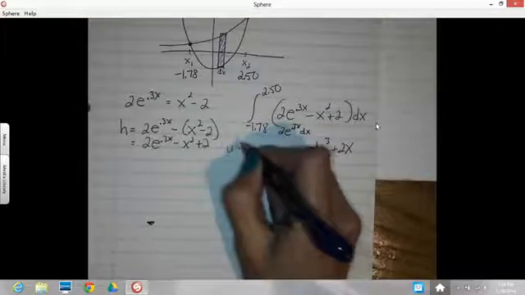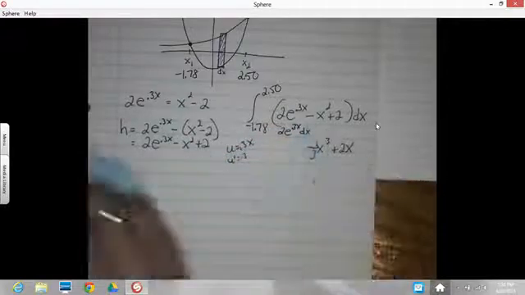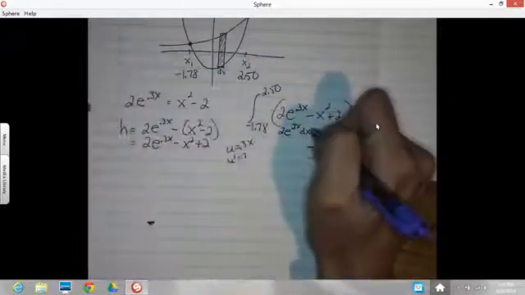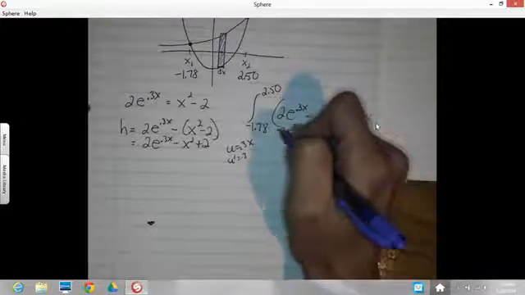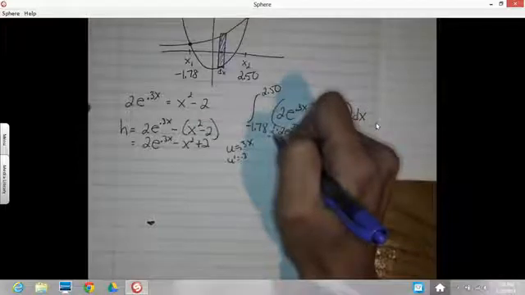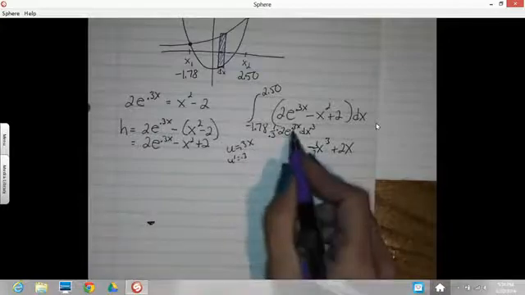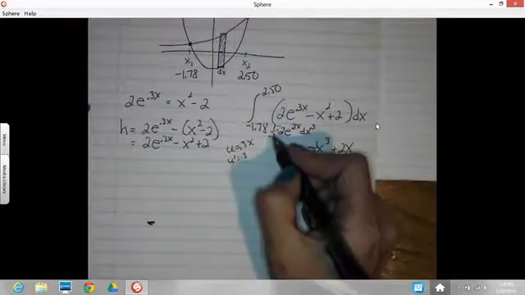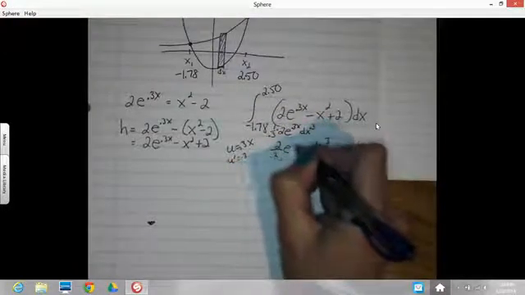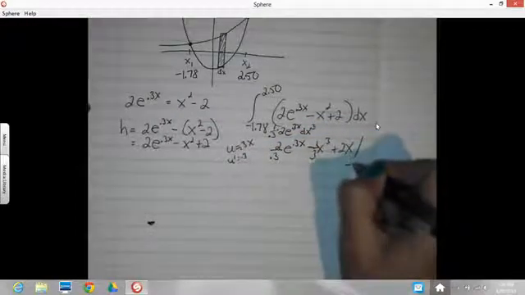So that means the u prime is 0.3. So I need a 0.3 next to the dx, which means I need a 1 over 0.3 out in front. Now I can integrate this back to itself and carry along that multiplier that's there. So I've got 2 over 0.3, that's ugly, e to the 0.3x. And now I'm ready to evaluate from negative 1.78 to 2.50.